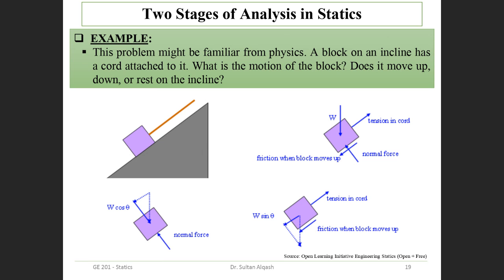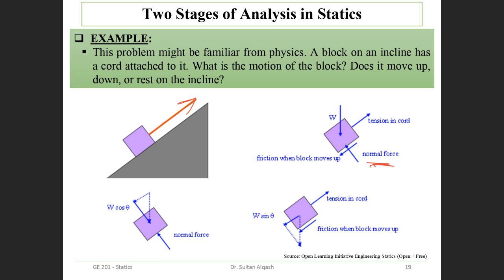So for example, here, this is really a famous example in physics. I have an inclined surface, and then I have this object, and this object is moving in that direction, right? So I need to find all the forces acting on this object. You know that I have a normal force, right? Because this object is lying on this surface, so this is the normal force.